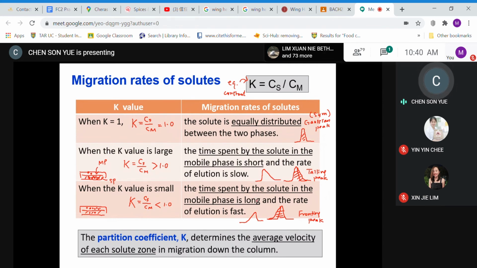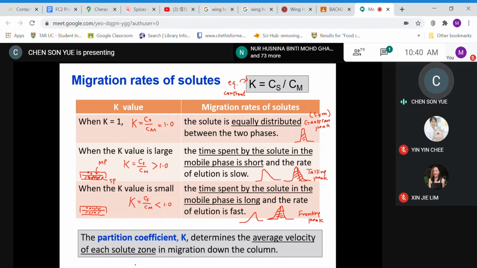If you do your FYP using HPLC, you will see all these kinds of problems. Then you need to do something to adjust the peaks to make them look symmetrical. So this is the effect of K, larger, smaller, and equal. Of course, equal is better.